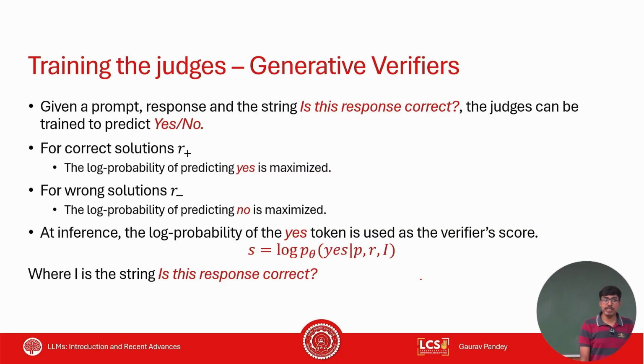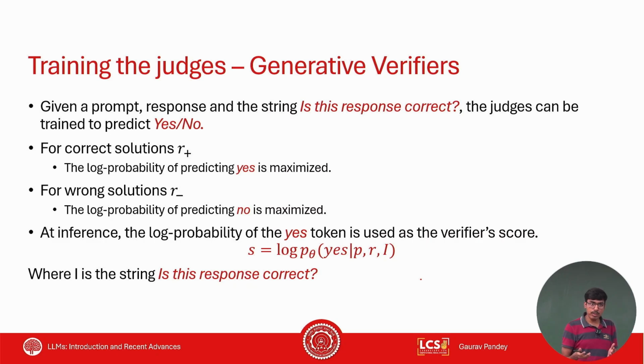Okay, so we mentioned that you can train the judges also, to make them better than the Bradley-Terry reward models. One simple thing is, you take those judge models and you give the prompt, give the response, and ask a simple question: is this response correct? If the response that you gave was actually correct, you maximize the probability of generating the token yes.